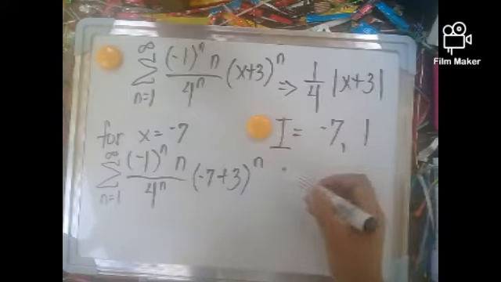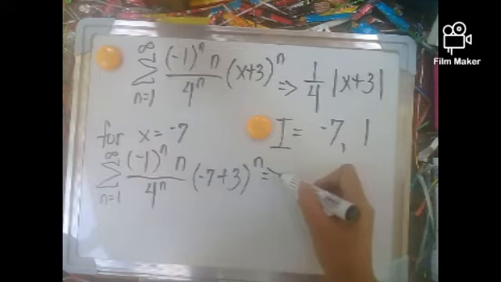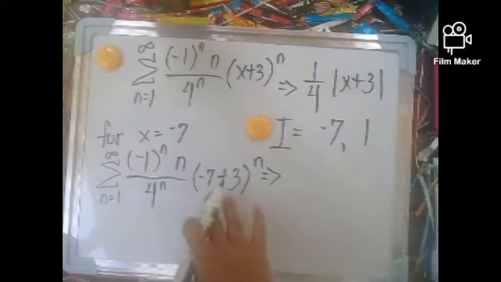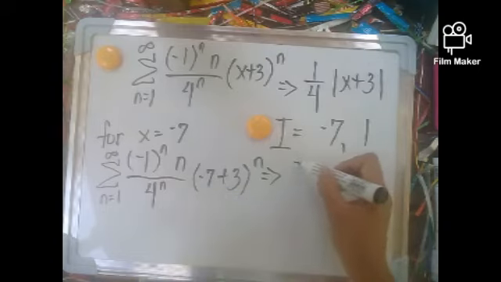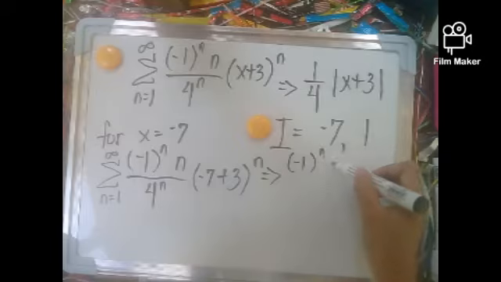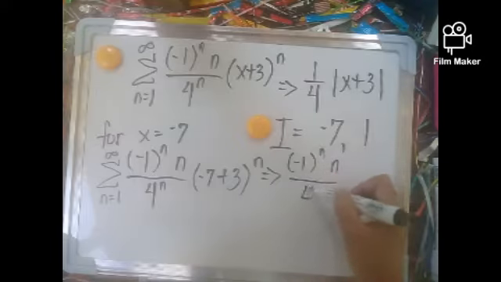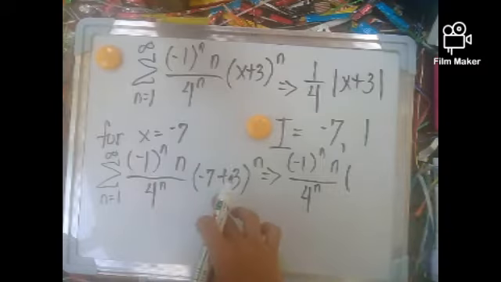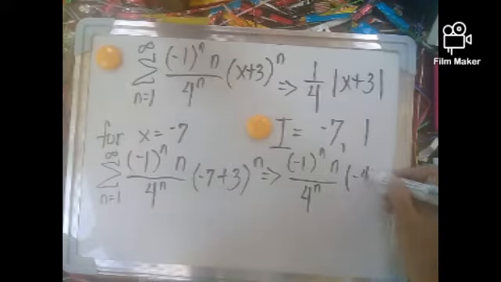What will happen next? So we have to solve this. Negative 7 plus 3. So we have negative 1 raised to n times n over 4 raised to n times negative 7 plus 3 will be negative 4 raised to n.